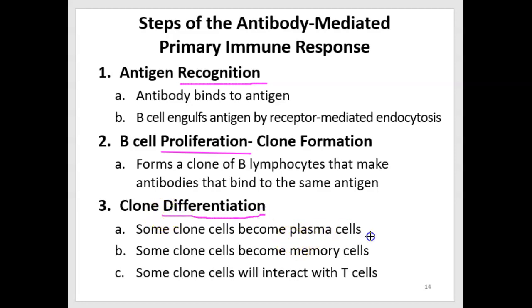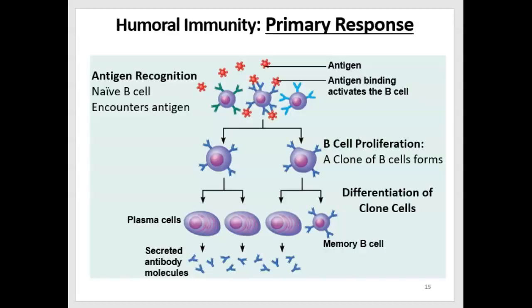Some become plasma cells, some become memory cells, and some of them, I guess they're still just B lymphocytes, interact with T cells.